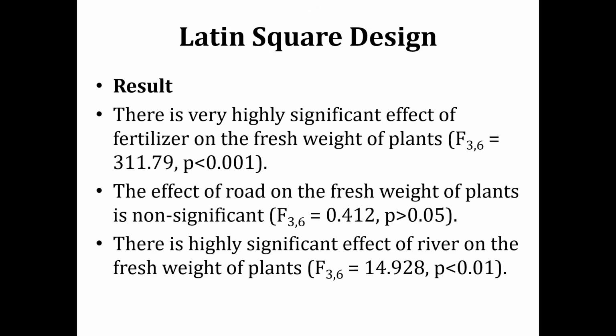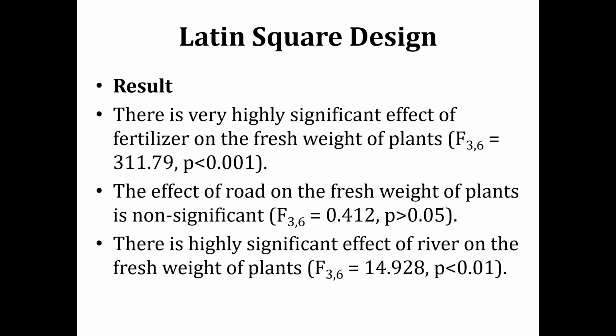So we are going to have a square design, and this square design can have a maximum of 4 treatments, 4 blocks of gradient A and 4 blocks of gradient B. So it can have a maximum of 16 plots or 16 experimental units.